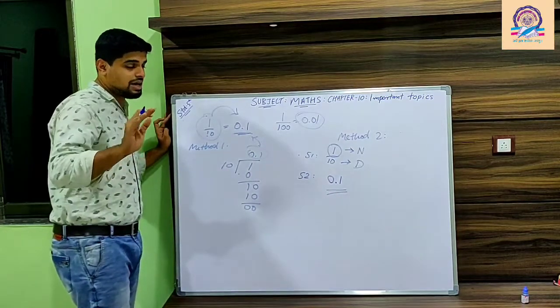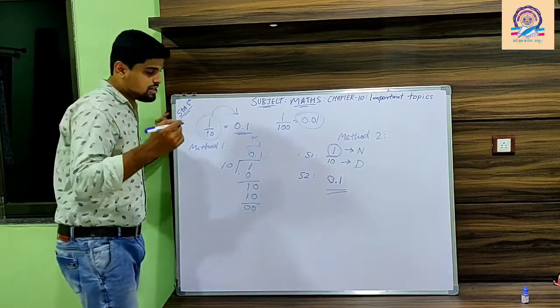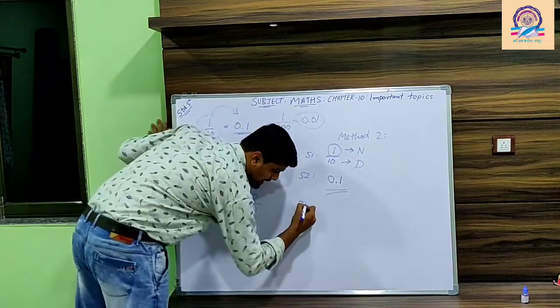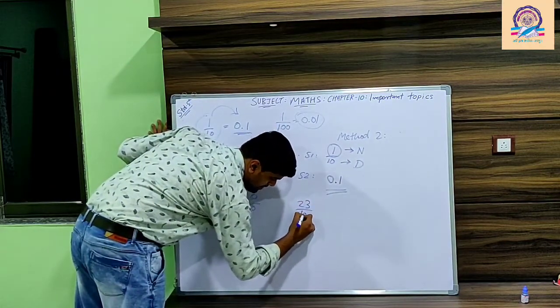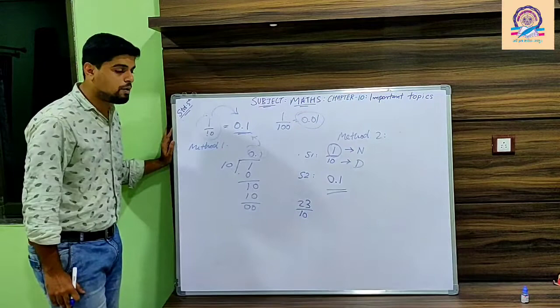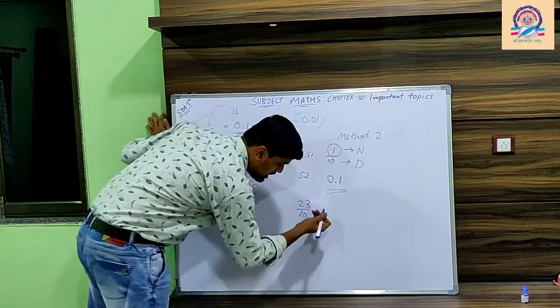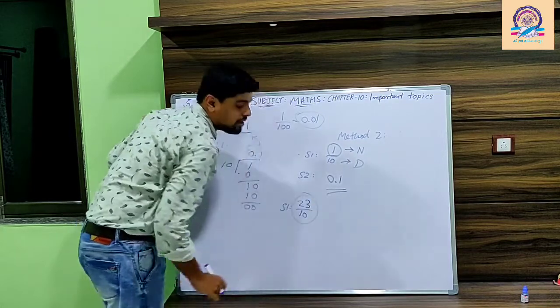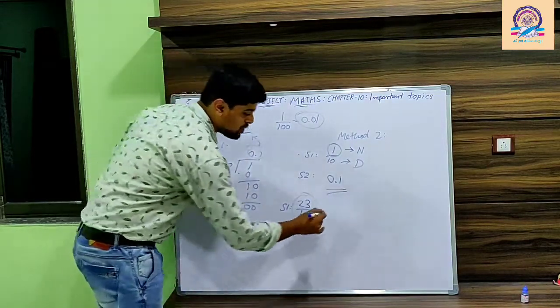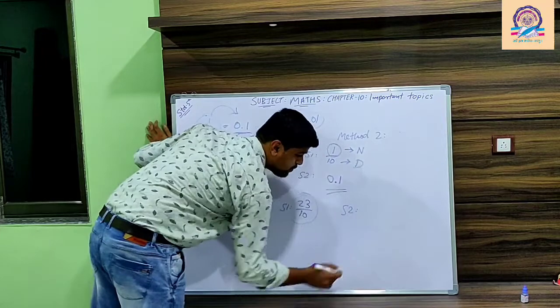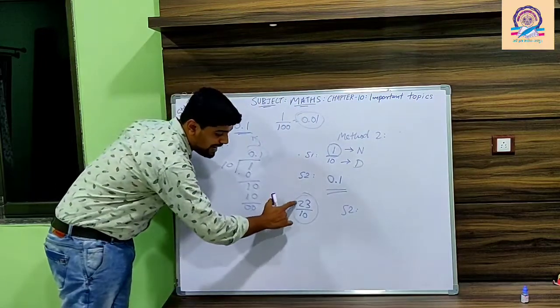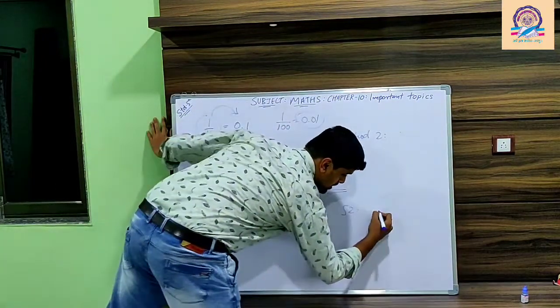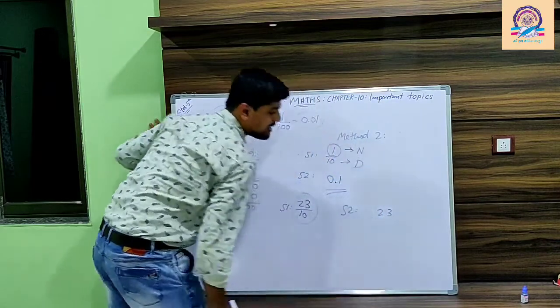Let's take another example that will clear your concept. If I take 23 upon 10, what will be my first step? I have to write this fraction as it is. In step 2, what do I have to do? I have to write the numerator as it is, 23 as it is.